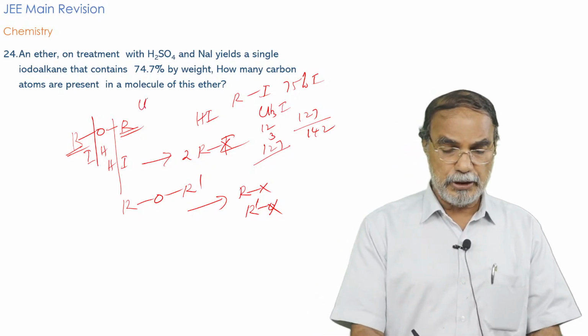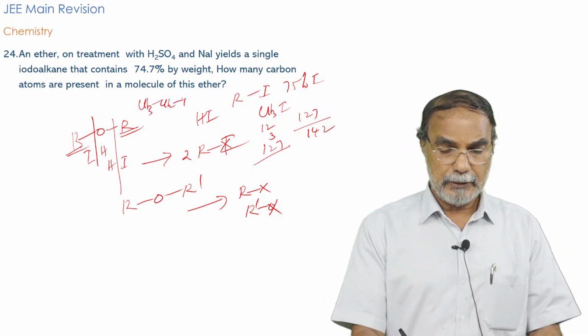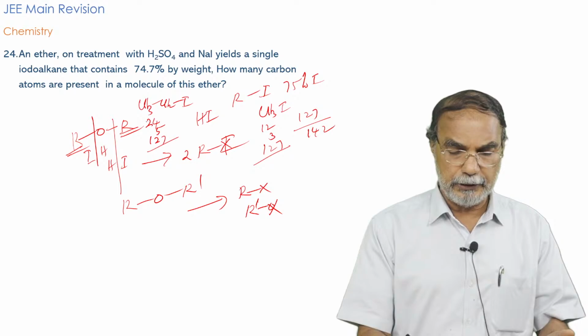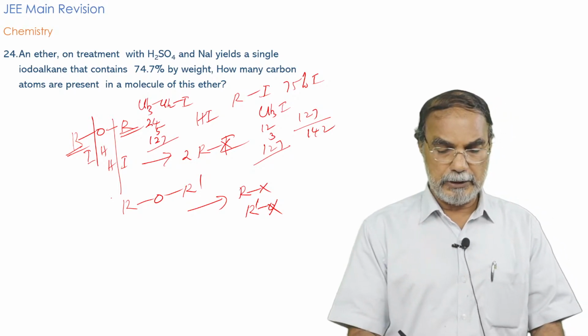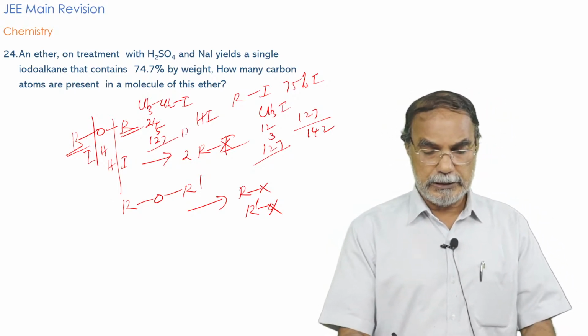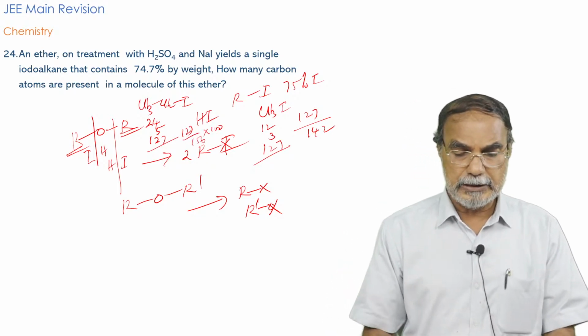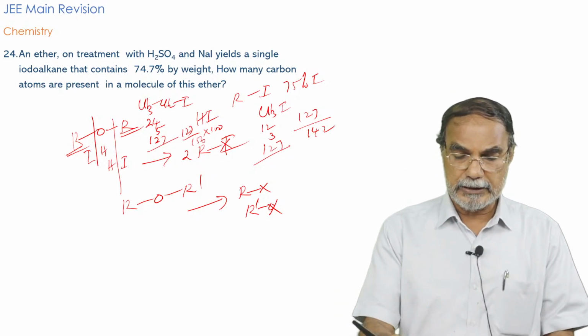So for the next option, you take CH3CH2I. You count the number of carbon atoms, 24, plus hydrogen 5, plus iodine 127. You take the total: 127 plus 5 is 132, plus 24, that means 156. So 127 by 156 into 100 is again not 75%. It is even more than 75%.